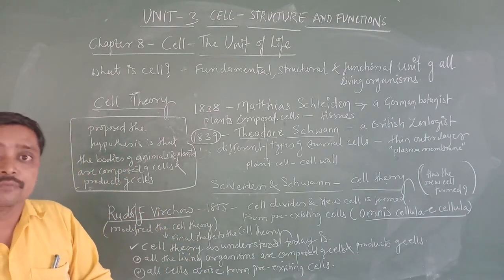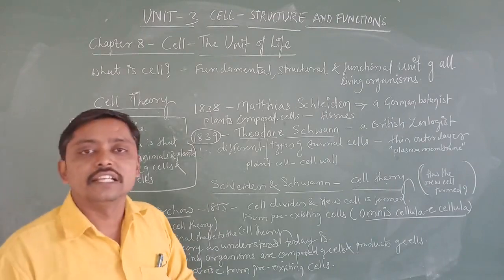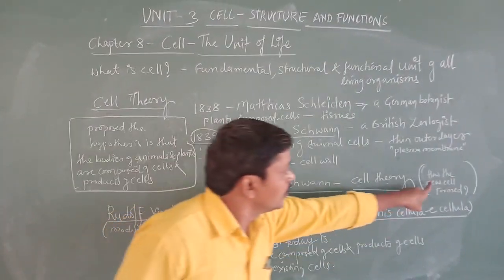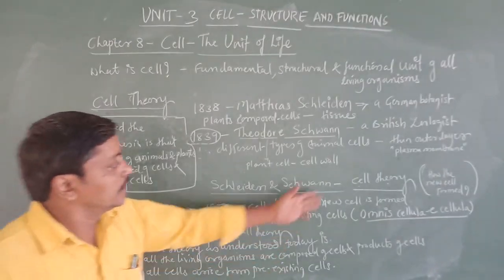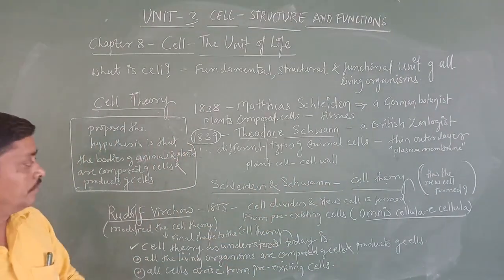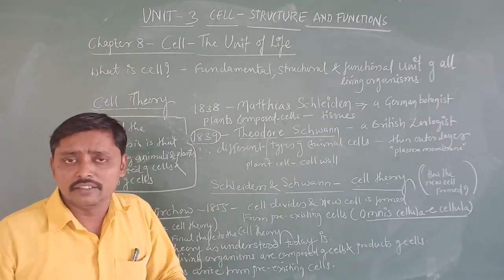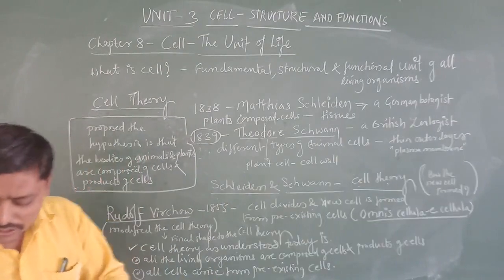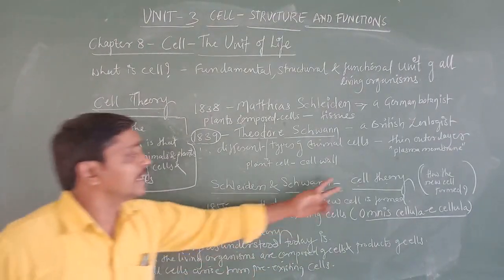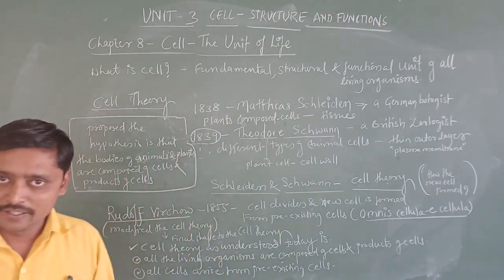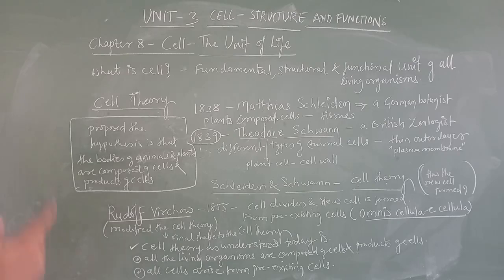Everything they gave, but they did not mention how the new cell is going to form. That is the lacuna of the cell theory earlier proposed by Schleiden and Schwann. How one cell becomes another cell, they did not mention anything about this in the cell theory. Okay. Now next, what happened after that?